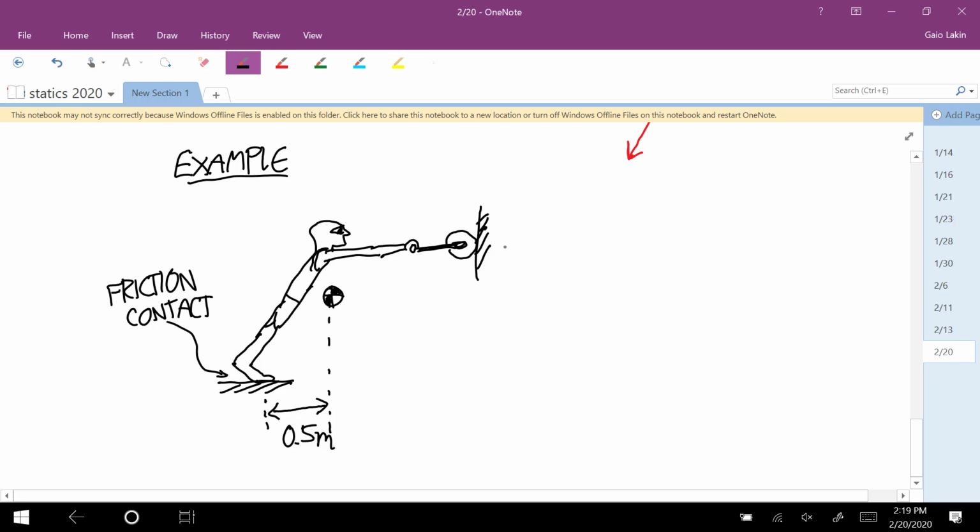And then this distance, where the roller is, 0.8 meters. And we want to know what are the reactions.